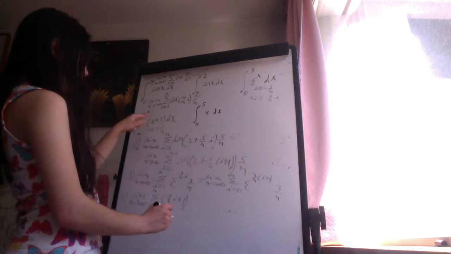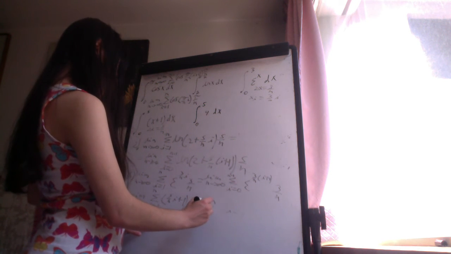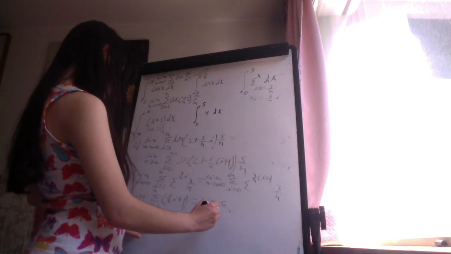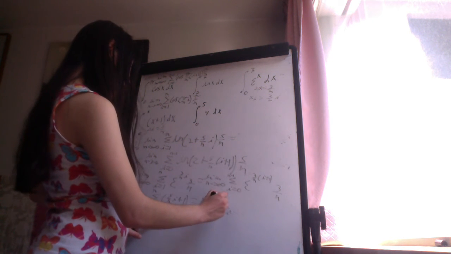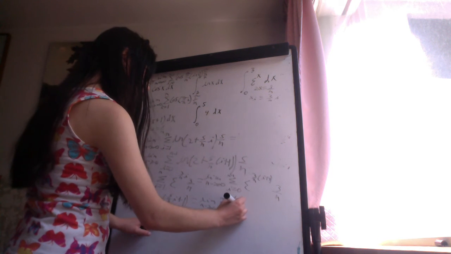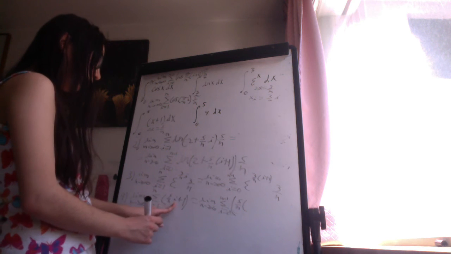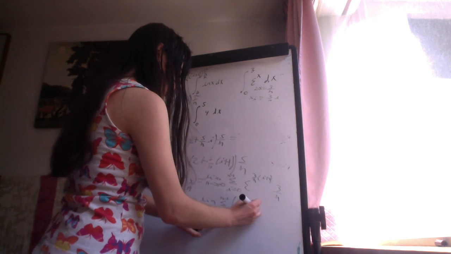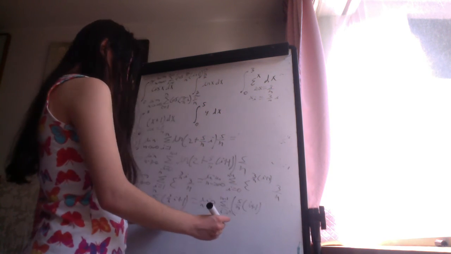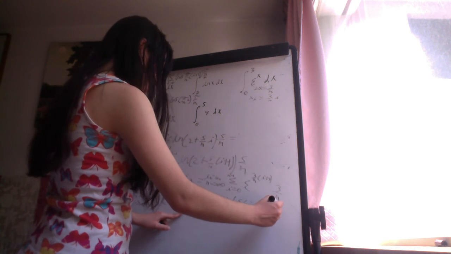This plus 1 comes from the f. Now, this is the limit as n approaches infinity of the summation from i equals 0 to n minus 1 of 5 over n times, here instead of putting i, we will put i plus 1 because we're down here. So i plus 1, all plus 1, and then everything times delta x.